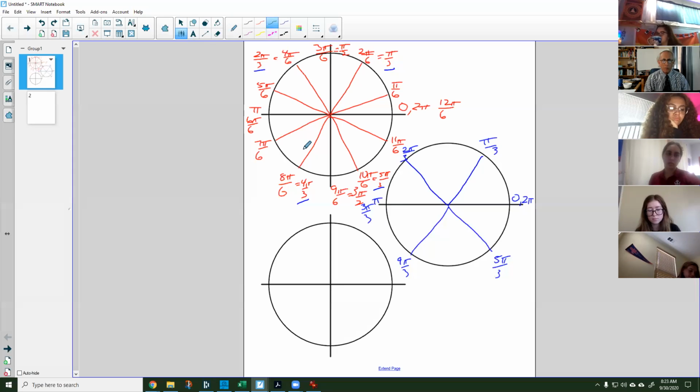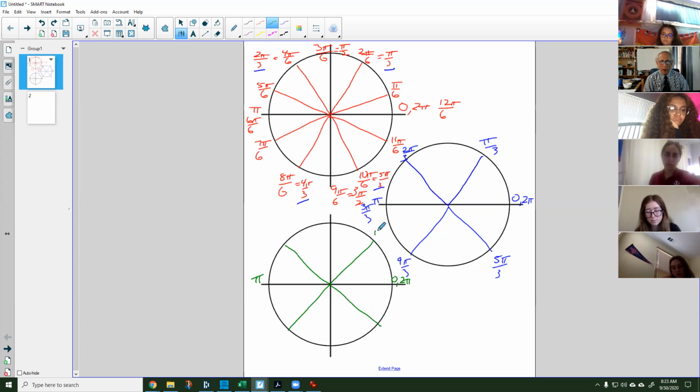are my pi over 4 angles. So I'm going to divide again from 0 all the way around would be 2 pi. So halfway around is just pi. And I'm going to divide the top into 4 pieces and the bottom into 4 pieces.